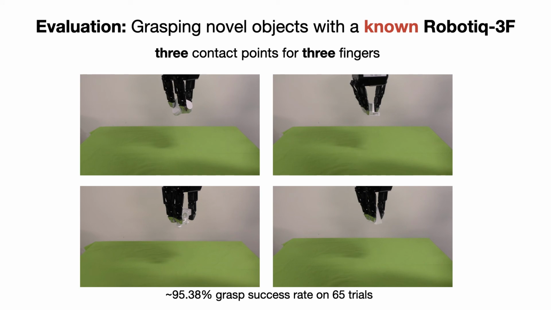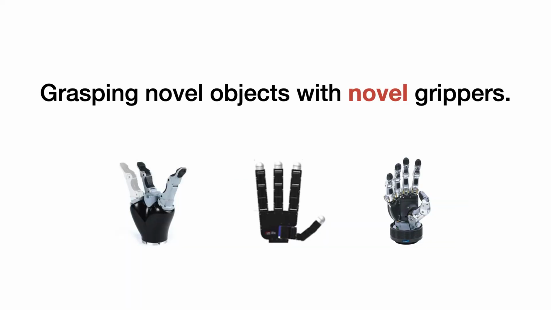When using the Robotiq 3-finger gripper, our model achieves 95% grasp success rate on 65 trials. We also test our model by grasping novel objects with novel grippers. We have not trained our model with this gripper.